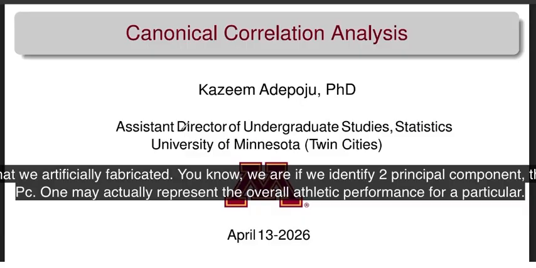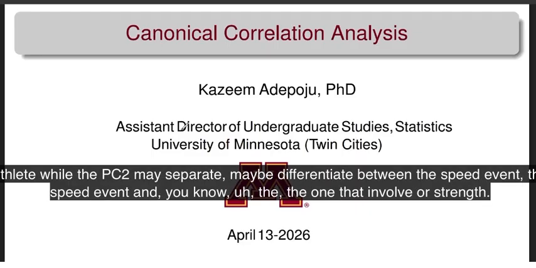If we identify two principal components, PC1 may represent the overall athletic performance of a particular athlete, while PC2 may differentiate between the speed events and the ones that involve strength.